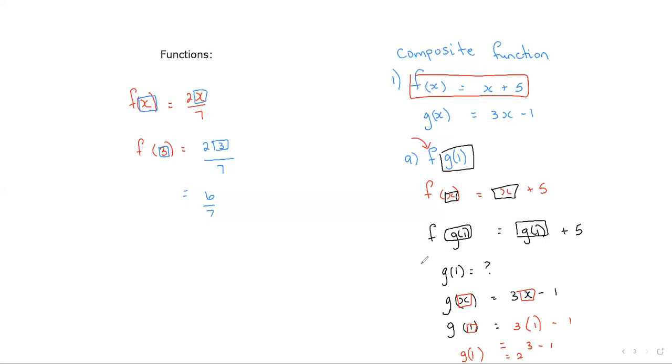That simply means that where I had g of 1, I could put 2, because g of 1 is 2. So f of g of 1 is the same as f of 2, and that will be 2 plus 5, which is 7.